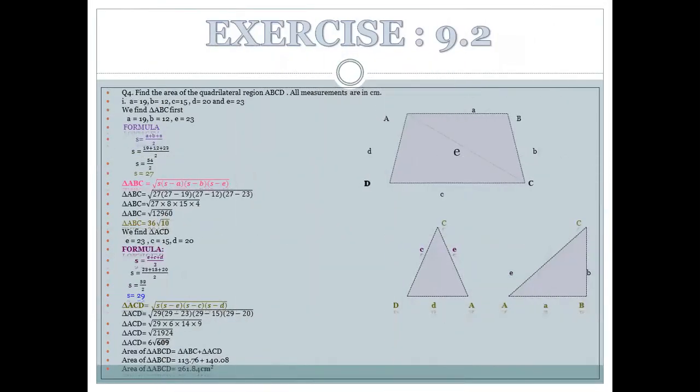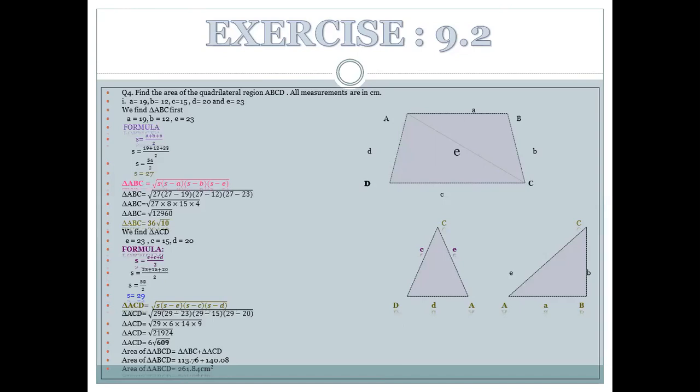Question 4 is a little bit different from these two questions because in this a quadrilateral is given, but you see that they draw the diagonal of the quadrilateral and they divide the whole quadrilateral into two triangular parts. It means that first we calculate one triangle, then we calculate the area of the other triangle, and at the end we add both the areas of the triangles, and then we can get the area of the quadrilateral.